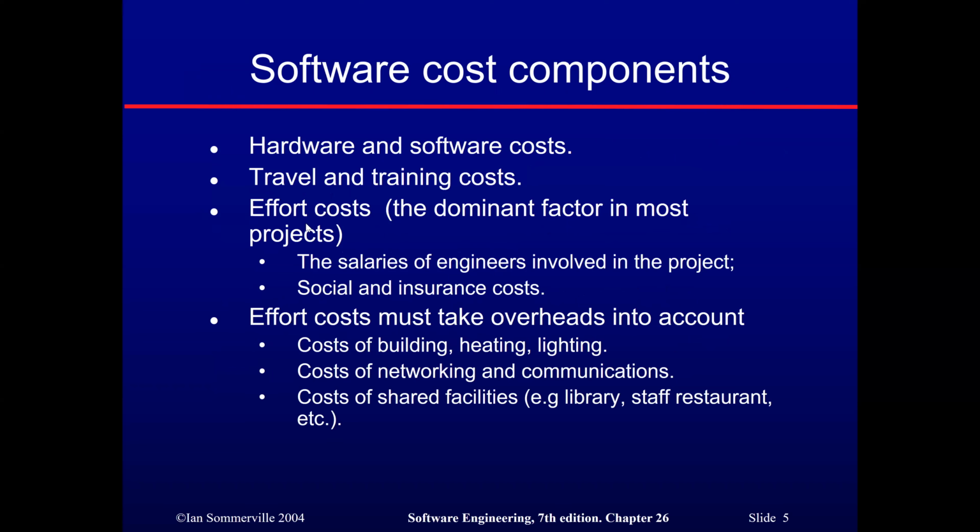So these effort costs should cover costs of building, heating, lighting, costs of networking and communications, and costs of shared facilities, for example, library, staff, restaurant, etc. So this is a comprehensive analysis of how we should establish the software cost considering these different components about software development.